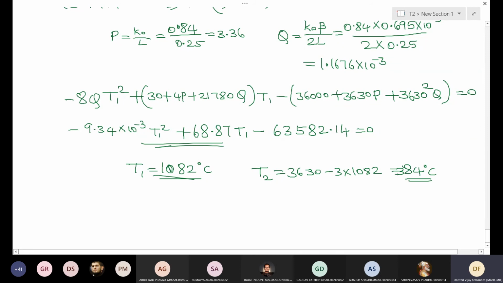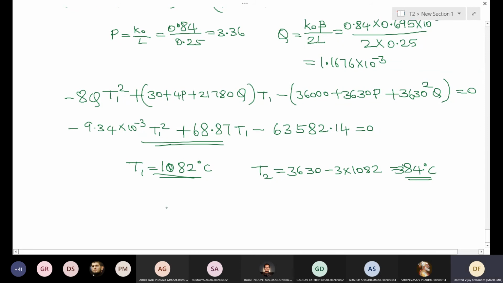So now you can calculate T mean and also calculate the rate of heat transfer. Or you can just use the convection. So rate of heat transfer, any formula you can use, no problem. Q equal to H1 into TF1 minus T1.